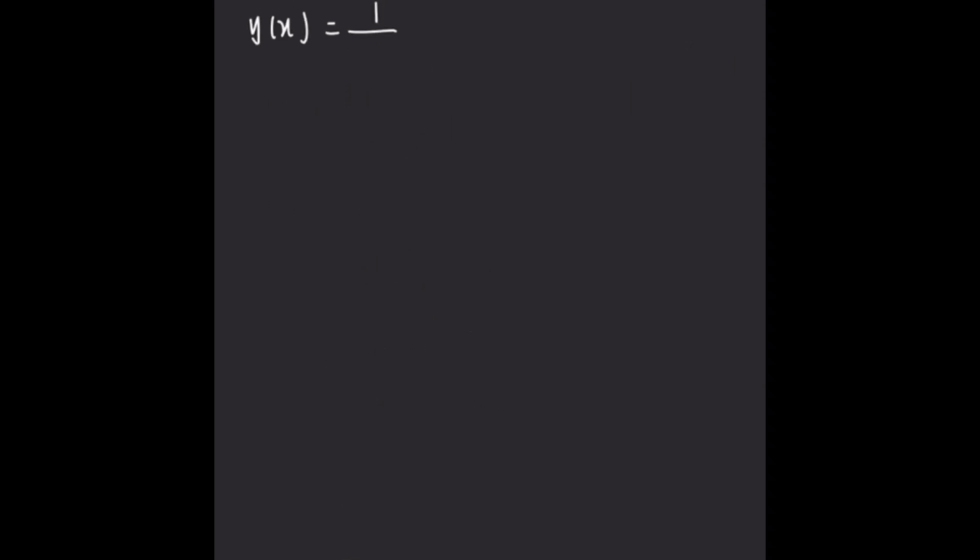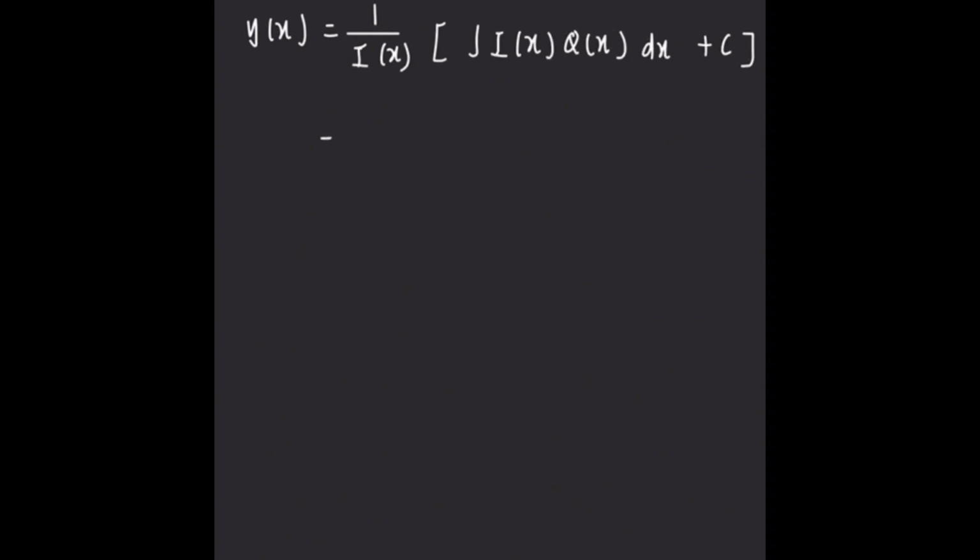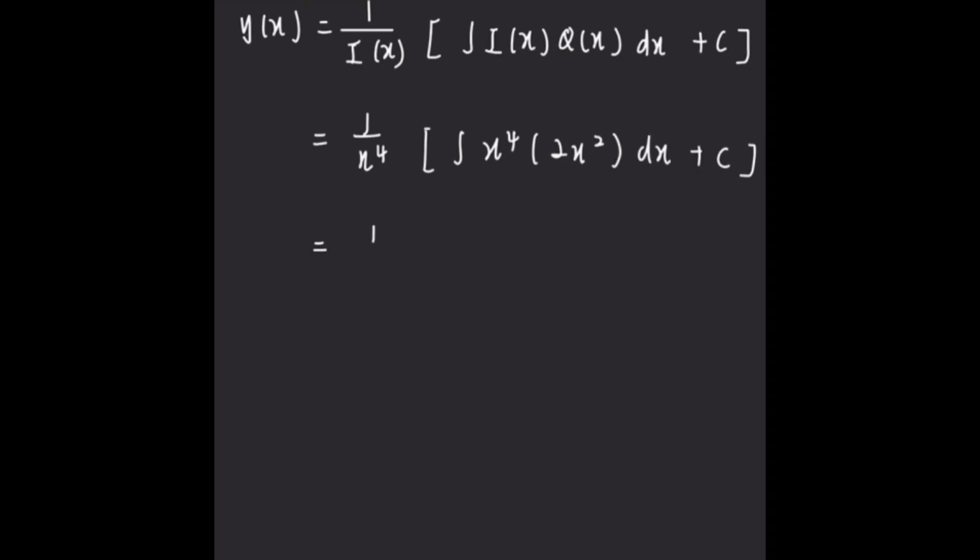Now let us plug x to the 4 into the integrating factor. It will become y(x) equal to 1 over x to the 4, bracket, integral of x to the 4 multiplied by 2x squared dx plus c. Let us simplify it. It will become 1 over x to the 4, bracket, 2 times the integral of x to the power of 6 dx plus c.